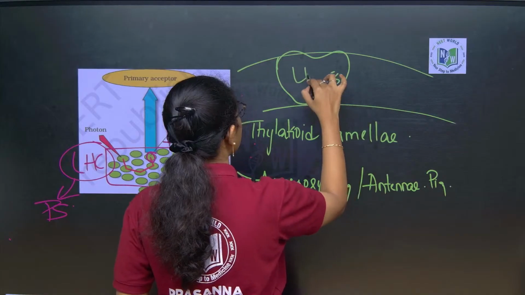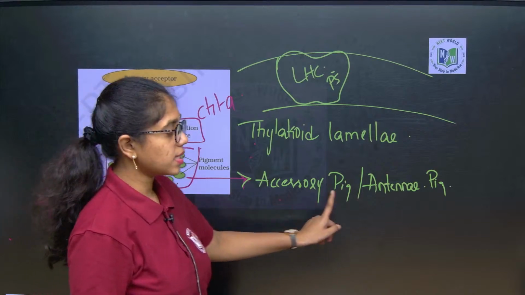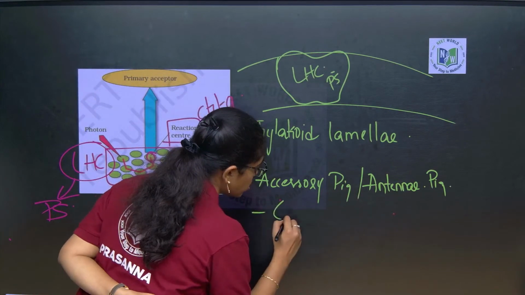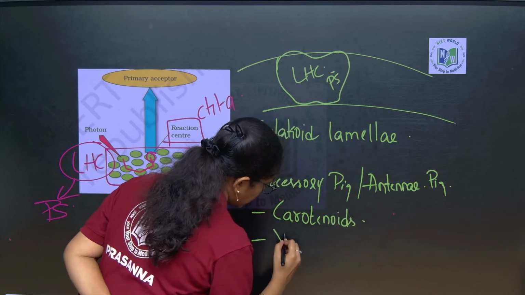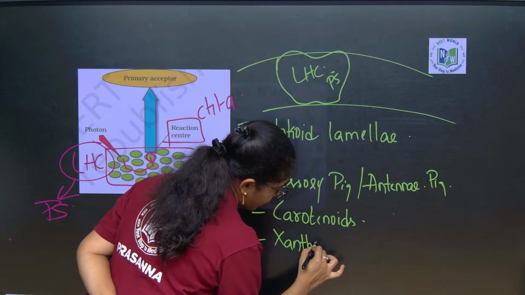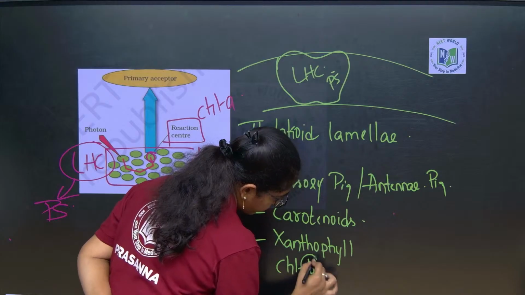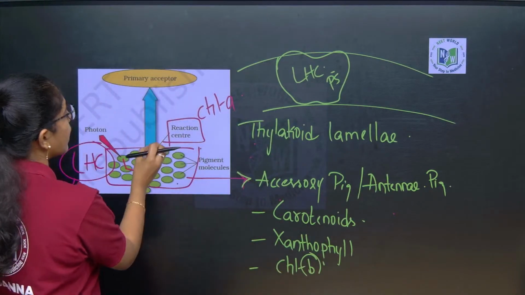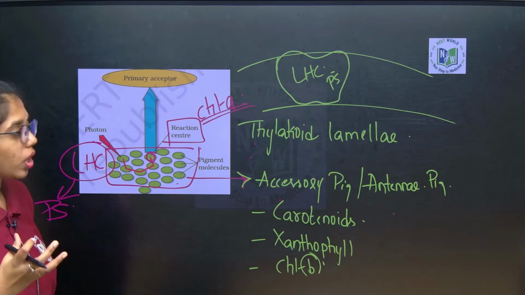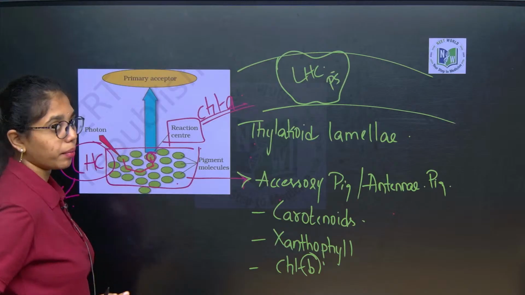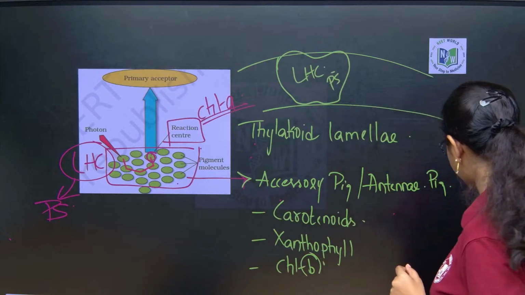In these photosystems, light harvesting complexes are present, which have accessory or antenna pigments, including carotenoids, xanthophyll and chlorophyll B. Then they will give it to the reaction center, that is chlorophyll A, which is absorbing the maximum amount of light. This will raise its electrons to the primary acceptor.